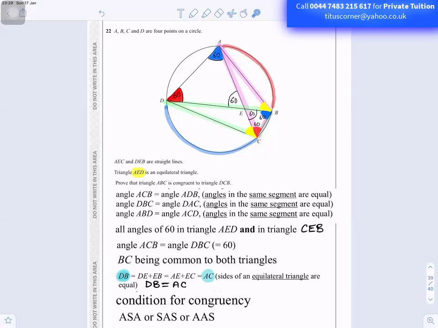DB equals DE plus EB, or AE plus EC equals AC, the sides of an equilateral triangle. So the condition for congruency is two angles and a side. So you can say ASA or SAS or AAS. So two angles and a side are the same. That's why they are congruent.